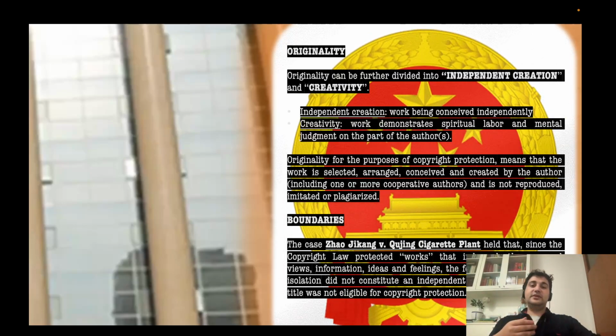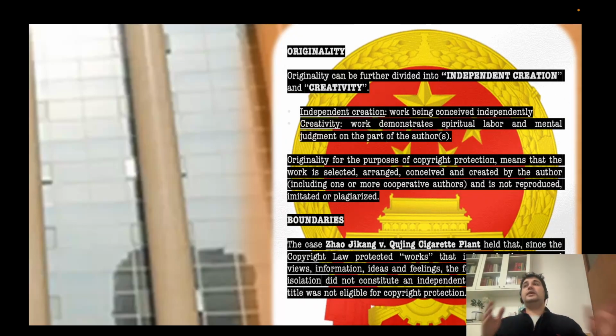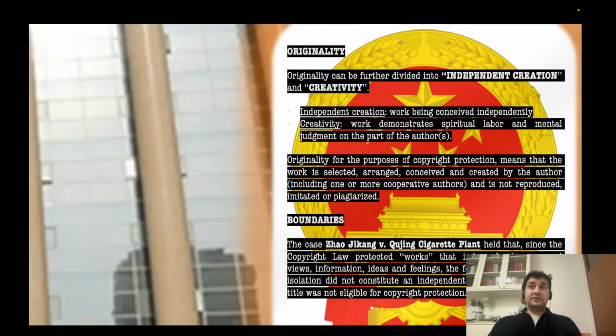It's not just related on the independence of the creation, but even creativity in the sense of a judgment by the author in what choices to be made in order to achieve the expression as he would like. This positive endeavor is the one that reflects the author and puts his mark on it.